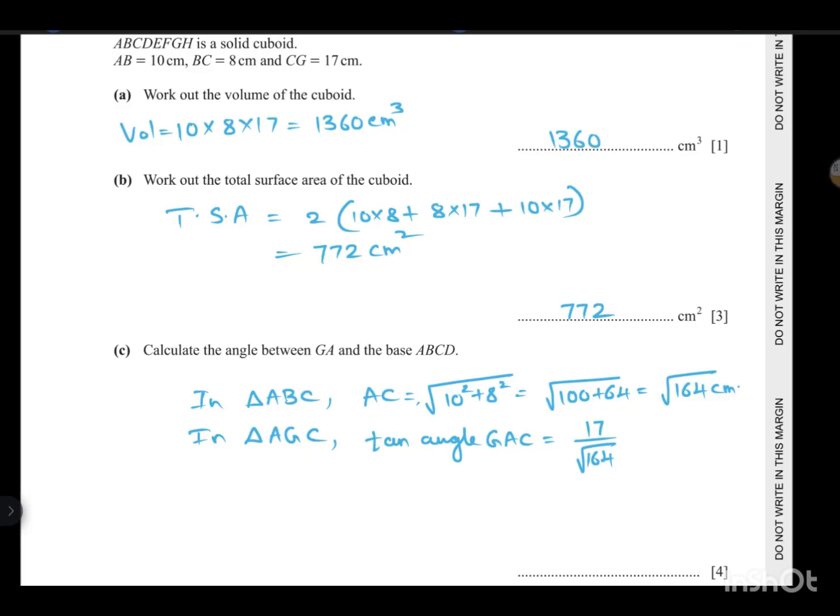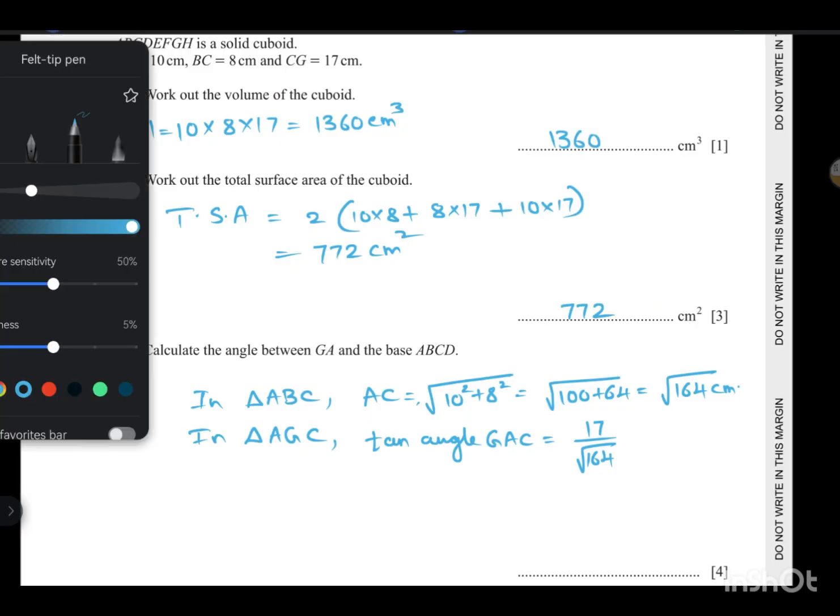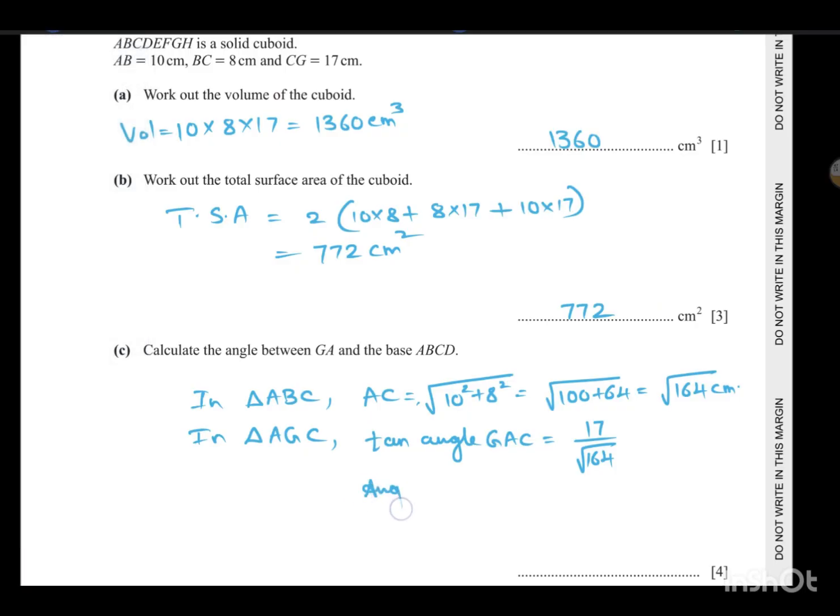Now we need to only find the angle, so angle GAC is equal to tan inverse of 17 by root 164.